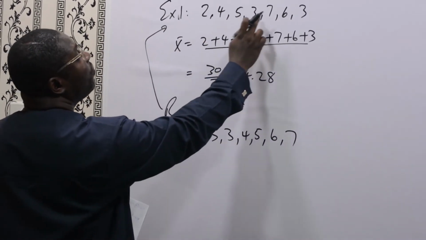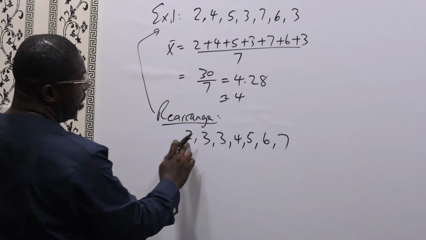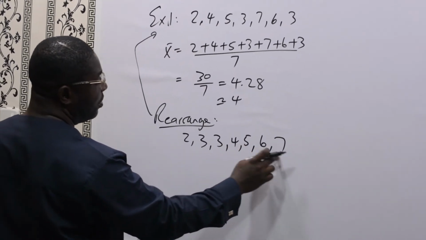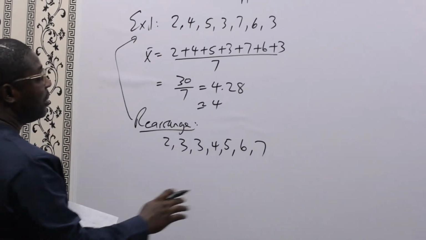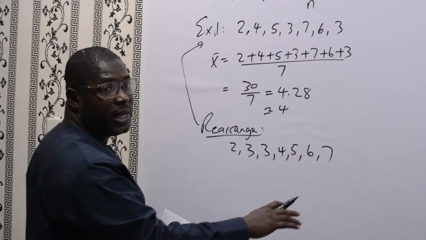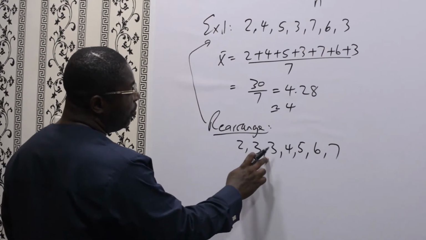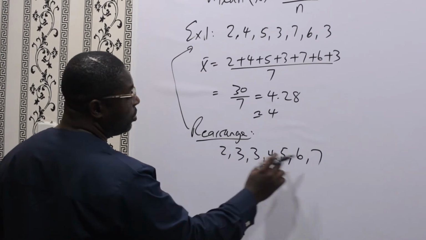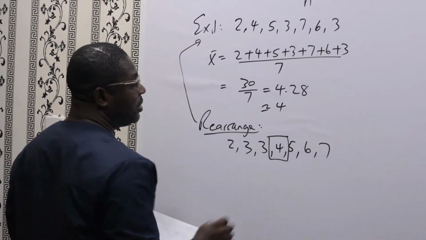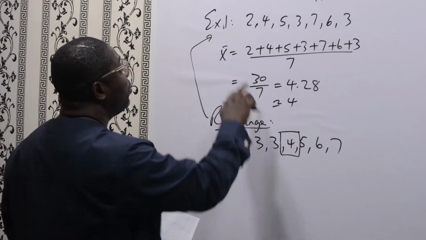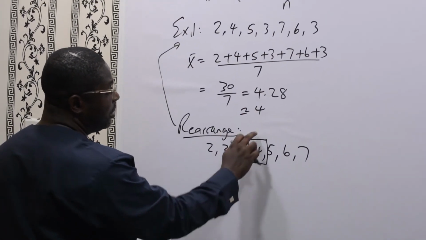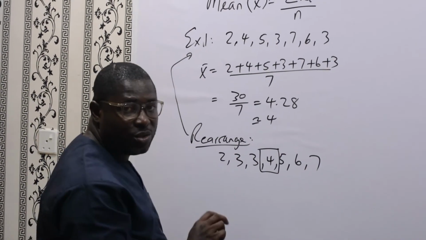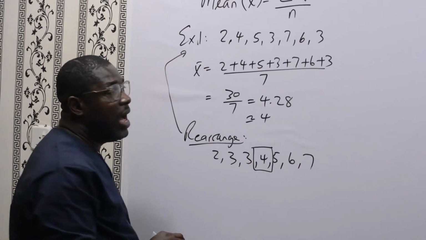That's 1, 2, 3, 4, 5, 6, 7. Now I want to know what is at the center. We have 1, 2, 3 on this side and 1, 2, 3 on this side, so 4 is at the center. Do you realize that we've calculated the mean of this distribution, and 4 is at the center? That's to show you the behavior at the center.